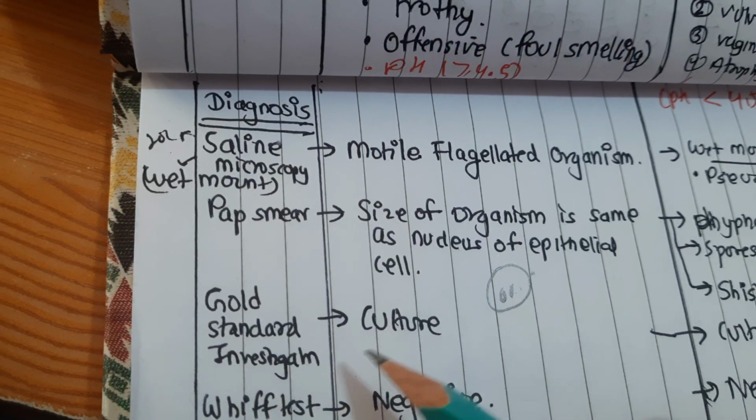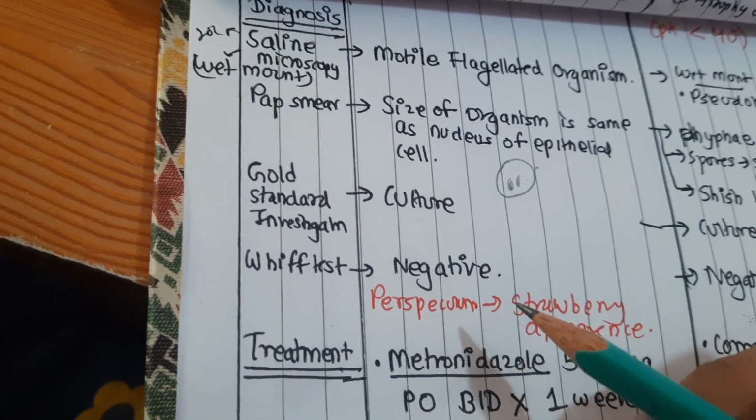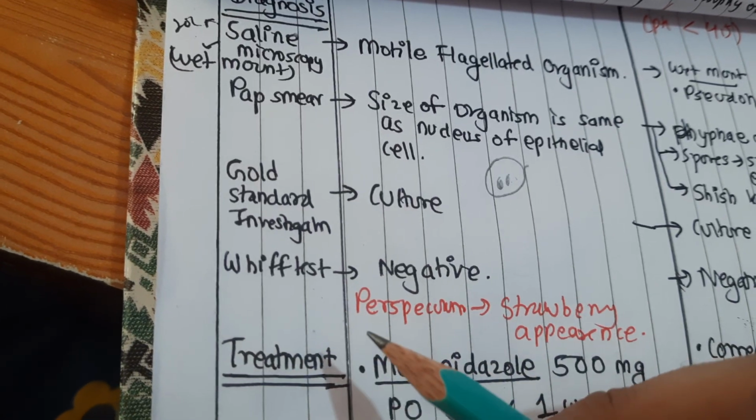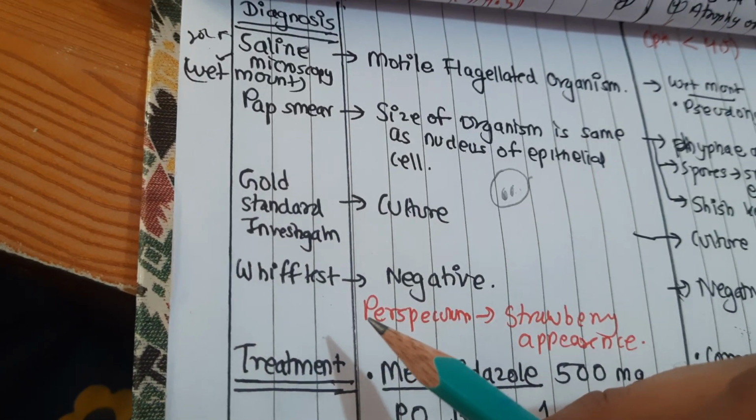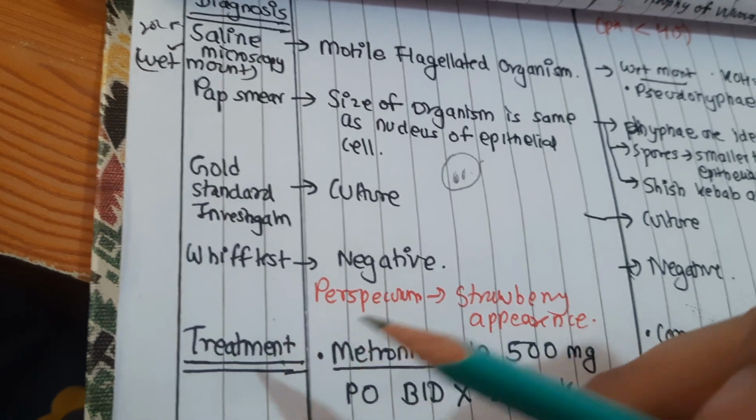The gold standard investigation is culture, and the whiff test is negative in trichomoniasis. So what is the whiff test? We will talk about this later when we discuss bacterial vaginosis.